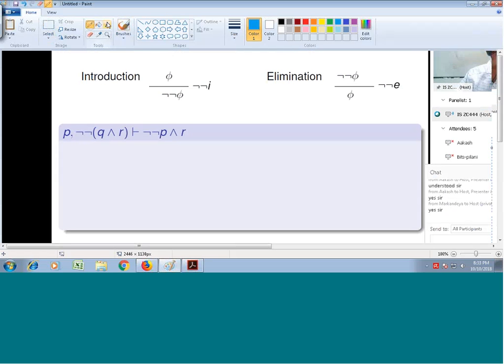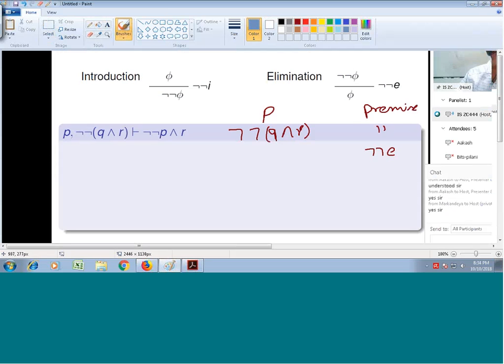What is given to me? P is given to me, it is a premise. Not not of Q and R is given to me. This is also a premise. Then I can apply this double negation elimination.